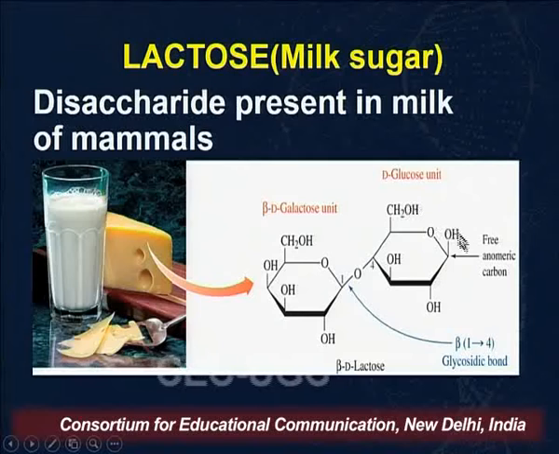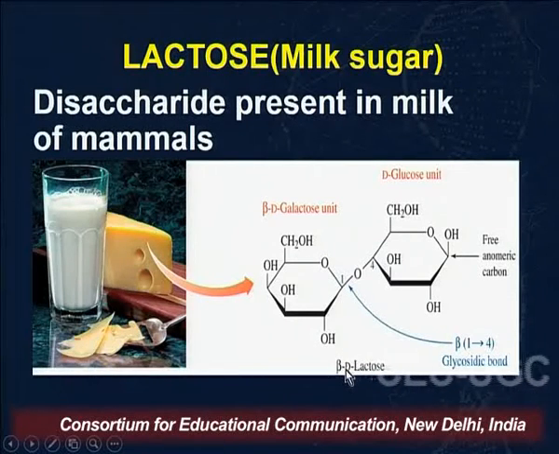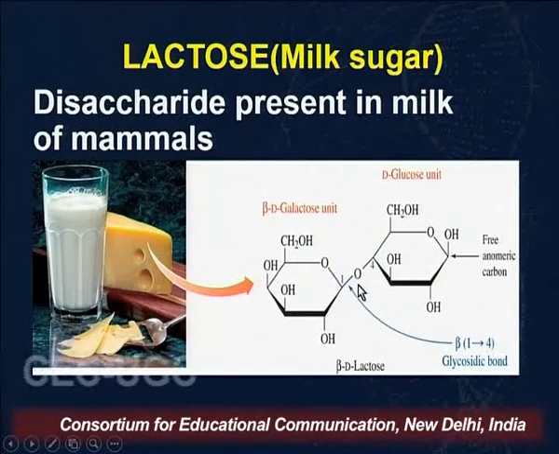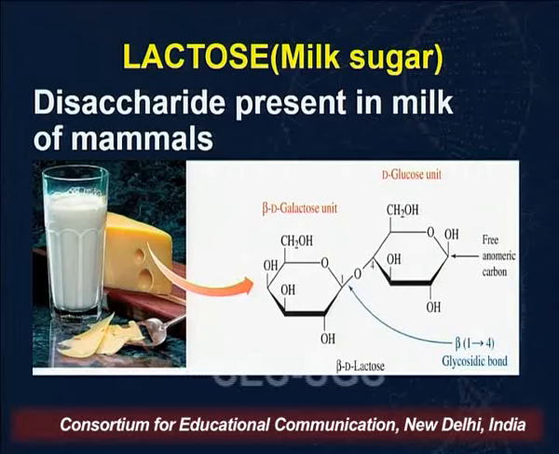That means this molecule has the beta configuration, and therefore we call this beta D-lactose. What does capital D indicate here? If we refer back to Fischer projections, then the OH on the highest numbered carbon in both cases, that is galactose as well as glucose, will be on the right hand side.